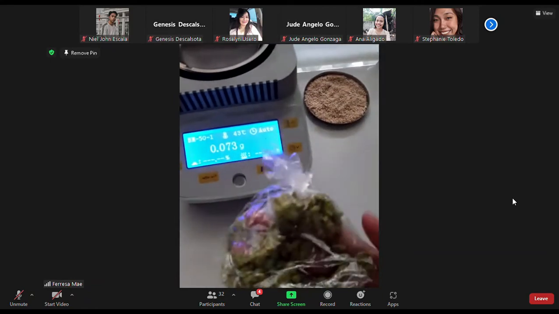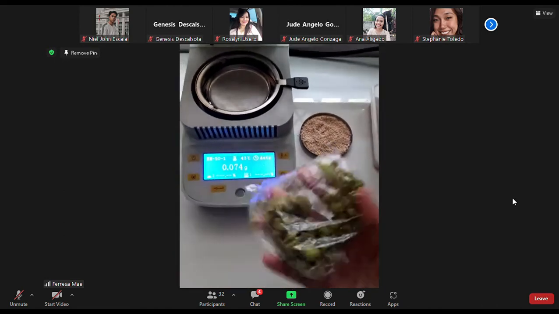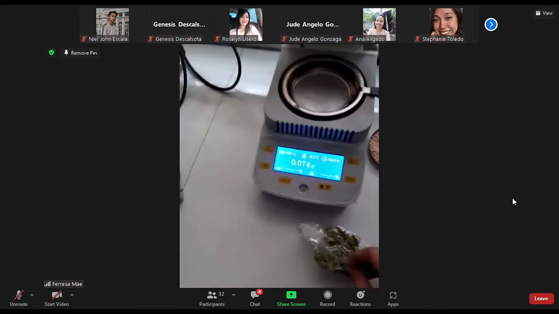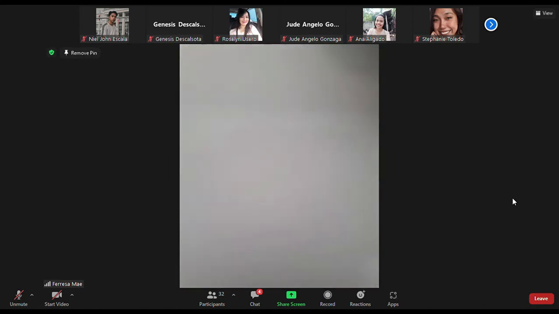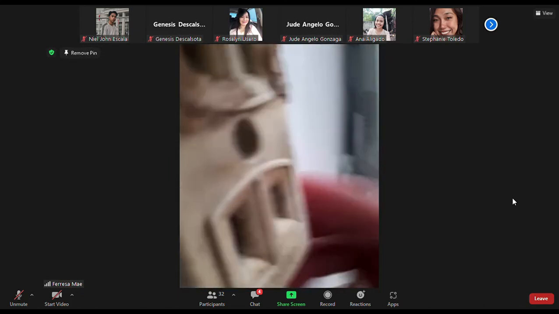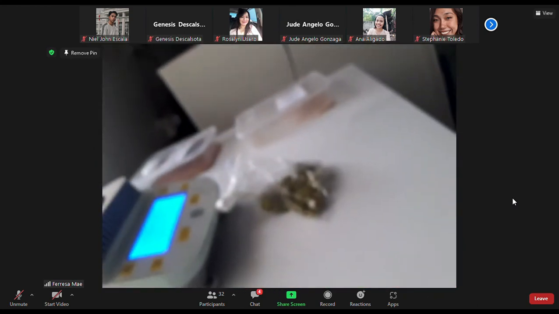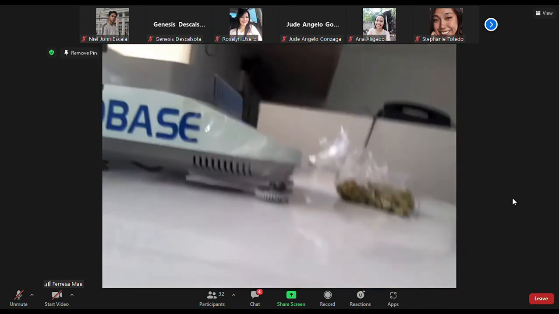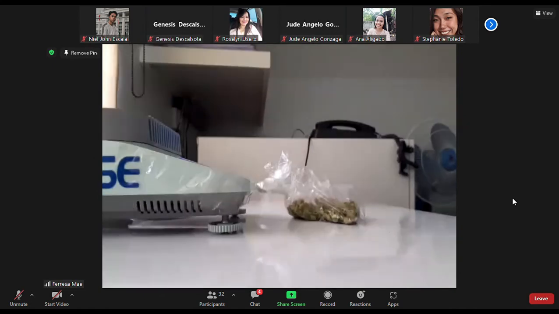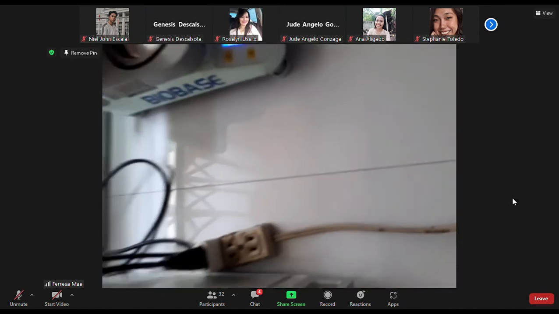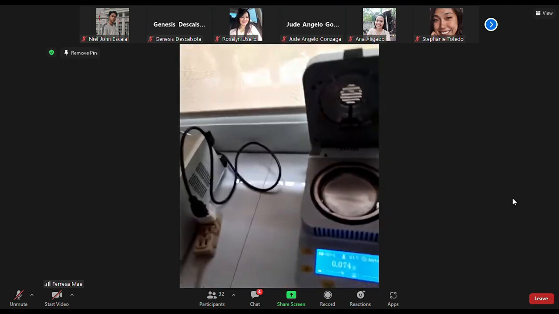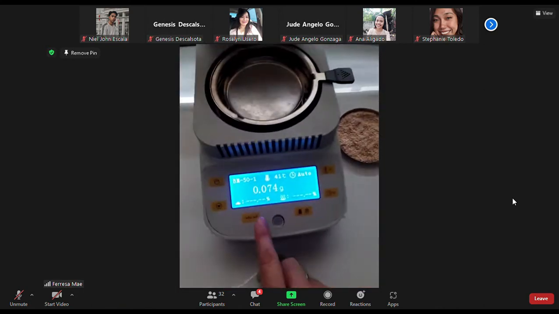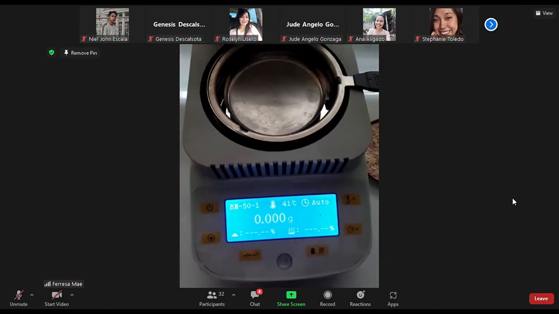We'll try to get the moisture sa sample nga gin-prepare, nga gin-homogenize ta kagina. Pair natin to make it 0.